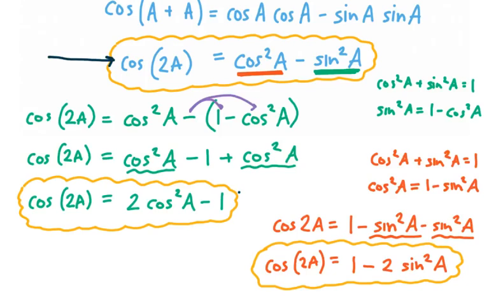This second form involves just cosine squared on the right-hand side. And this third form involves just sine squared on the right-hand side. So I would say that it will depend upon the information you're given to know which form of that identity you're going to use. And we'll see an example shortly.